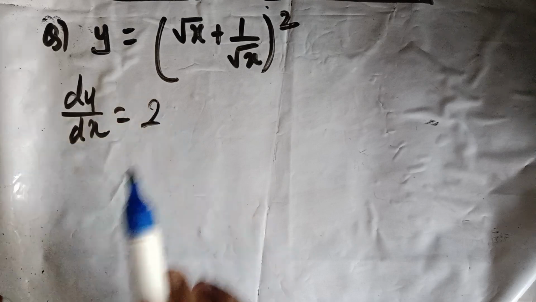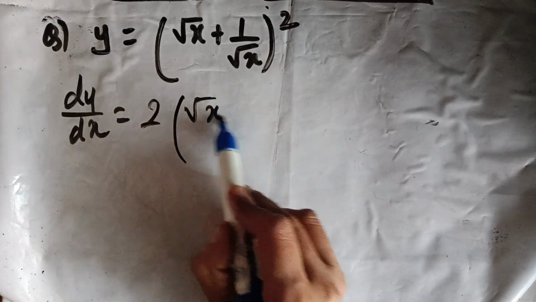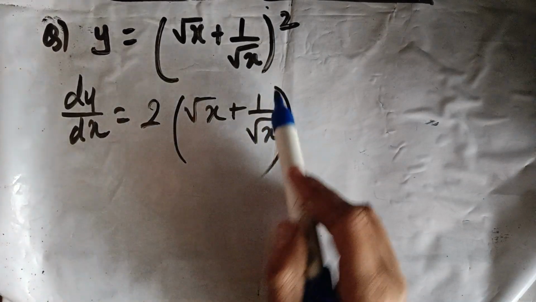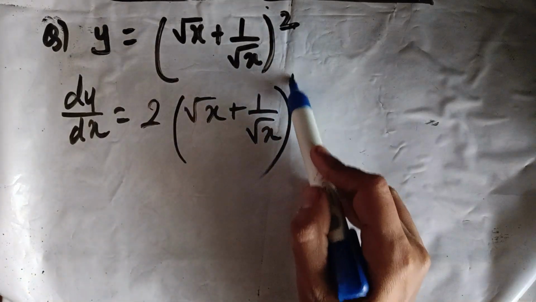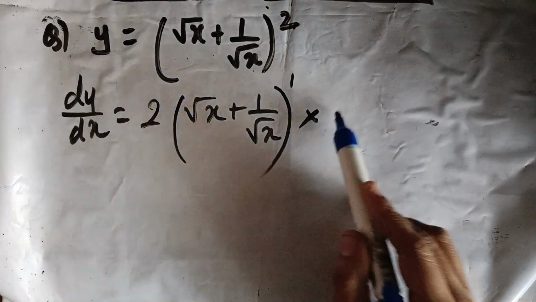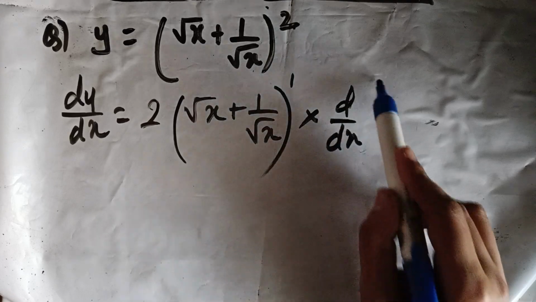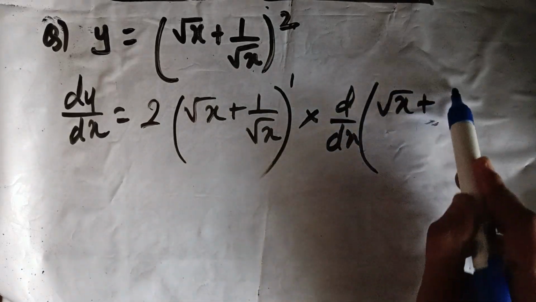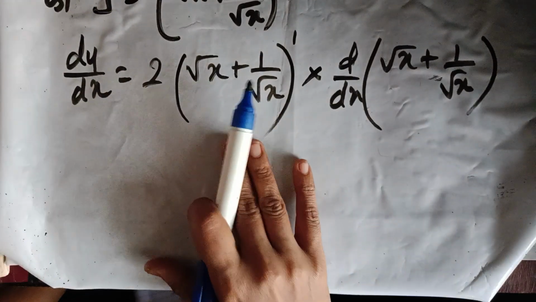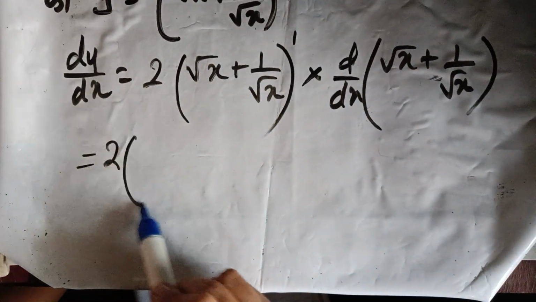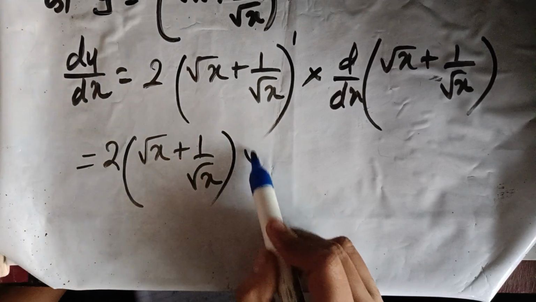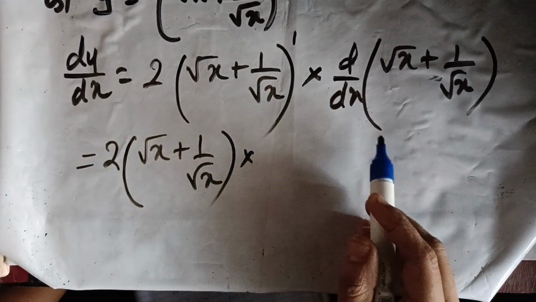That is 2 into root x plus 1 upon root x, 2 minus 1 is 1, into derivative of this thing. Okay. So this is now constant. This remains as it is, not constant.